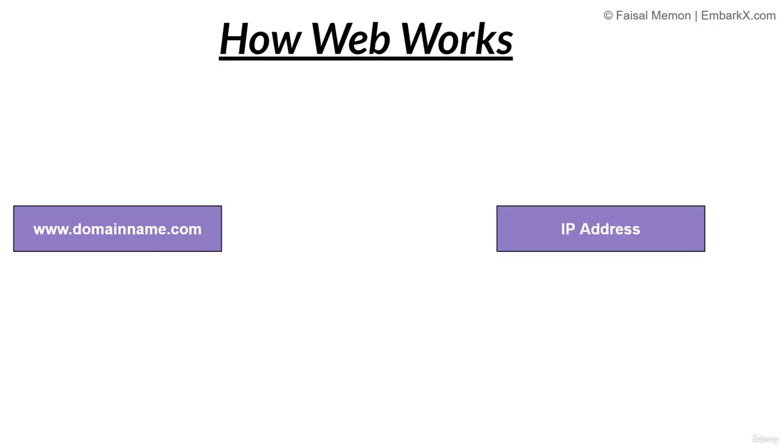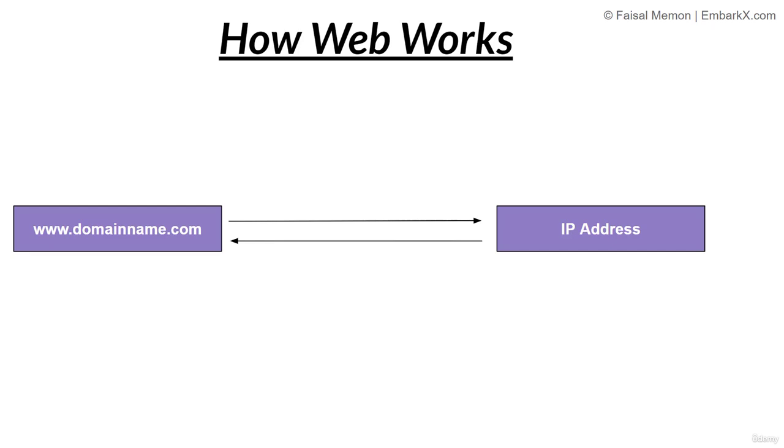Okay, so everything on the internet is identified with the help of IP addresses. But IP addresses are not human friendly, right? You cannot remember an IP address. And that is why this concept of domain names exist. Okay. So what happens is domain name is translated to the IP address. Okay. An IP address is mapped to a domain name.